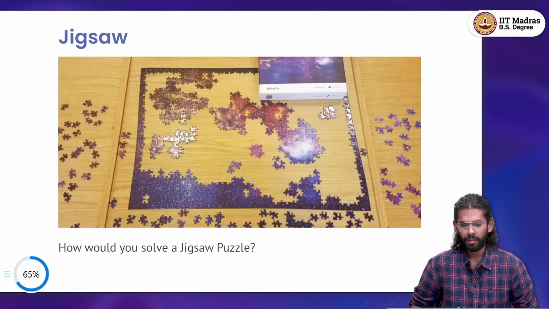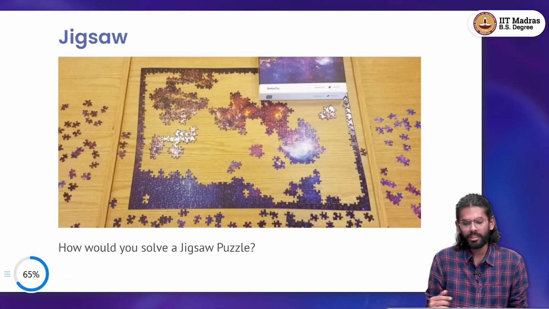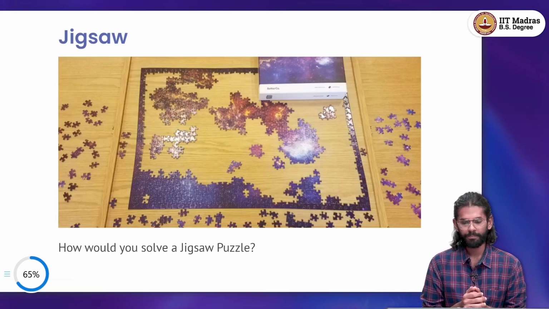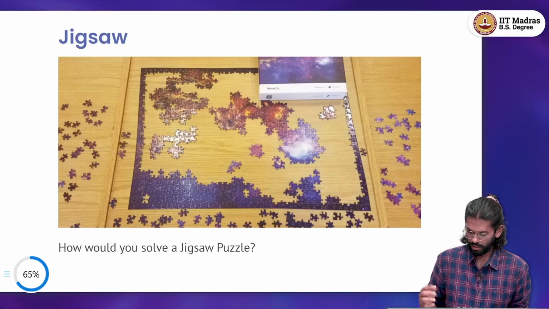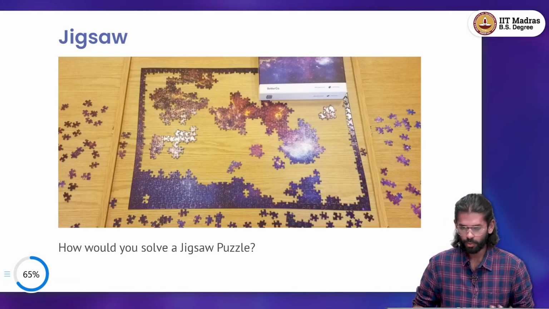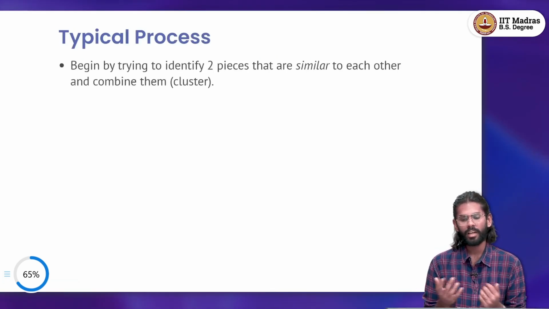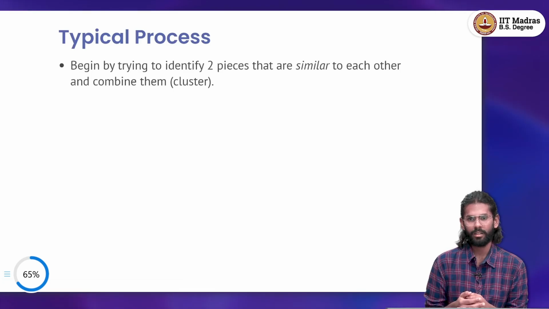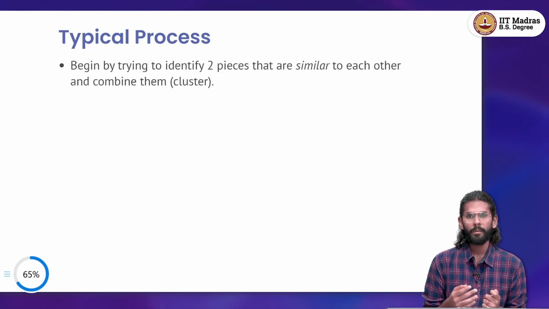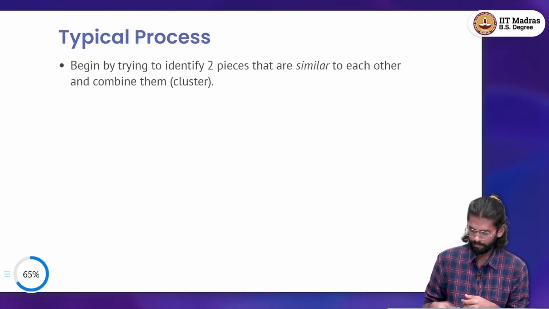I would like you to pause and think about how you would go about solving a jigsaw puzzle. Okay, so the process is very similar to what you would do in hierarchical clustering. Initially you would probably try to identify two pieces that are quite similar to each other, and then you will combine them.